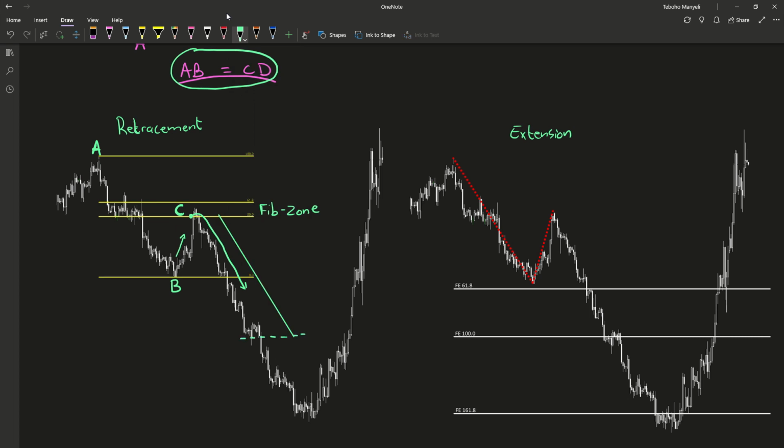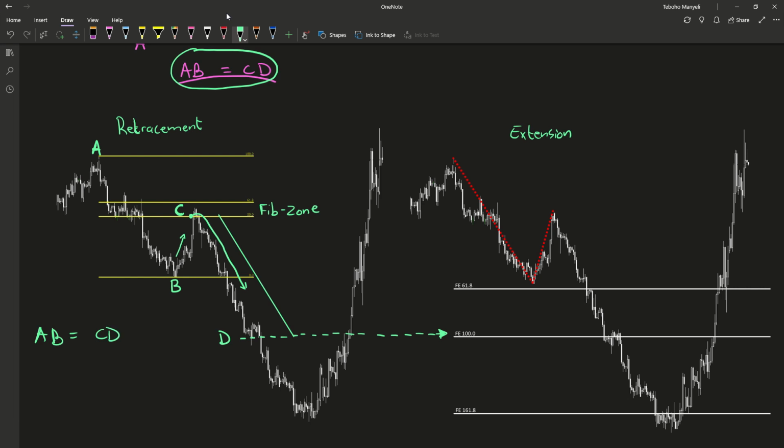So this is the 100%, which is point D. And you can see if you look to the right here that the 100% level is literally right there where I drew point D. So this is the AB equals CD rule already being applied.